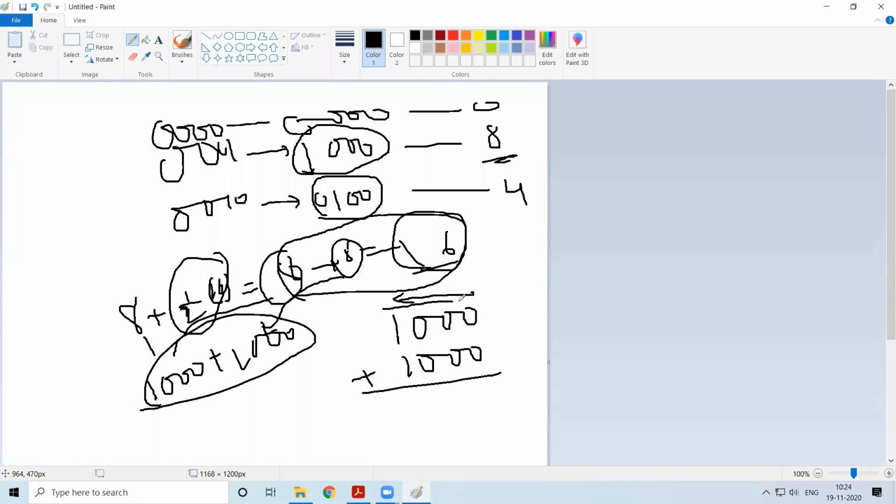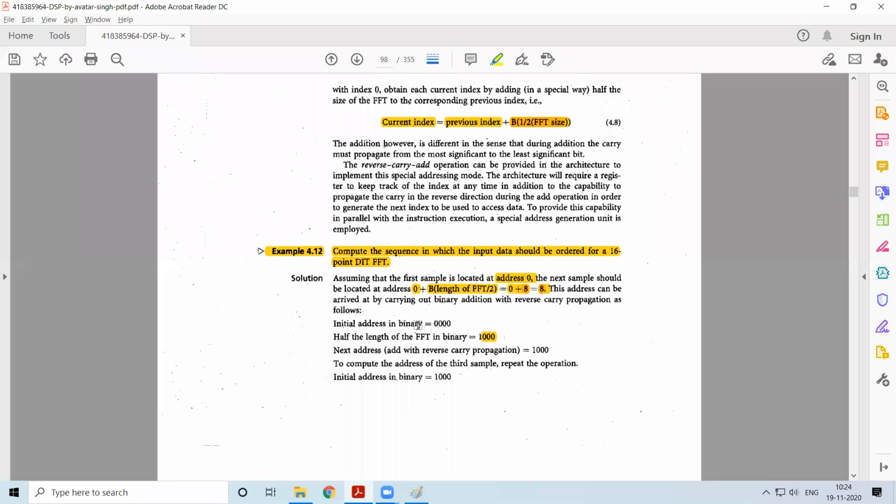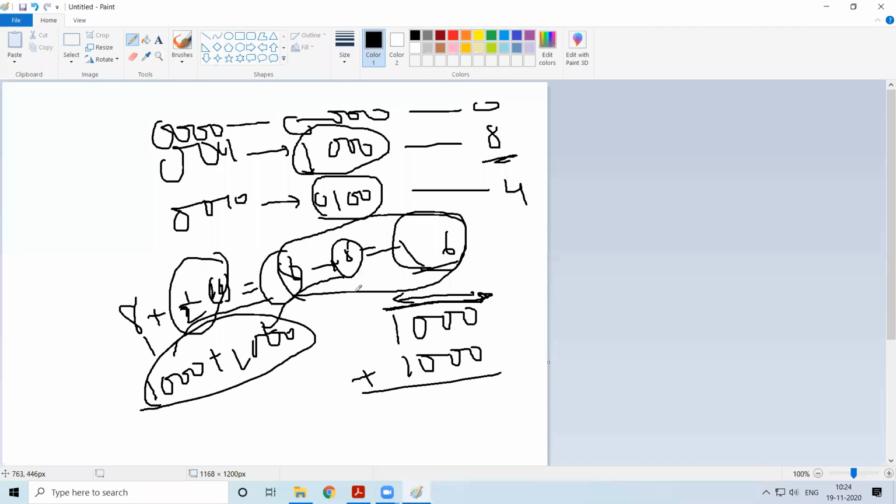You start from the MS bit and move in the other direction. So what is happening is the carry moves from the MS bit to the LS bit. This is one of the major differences we have to look out for. Therefore it is termed a reverse carry add operation. So this addition is actually performing a reverse carry add operation.